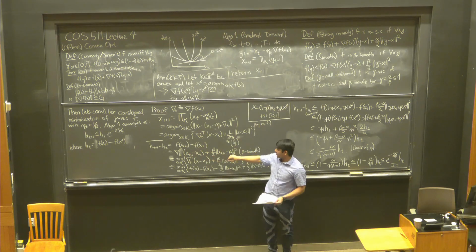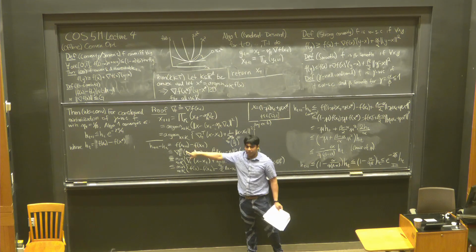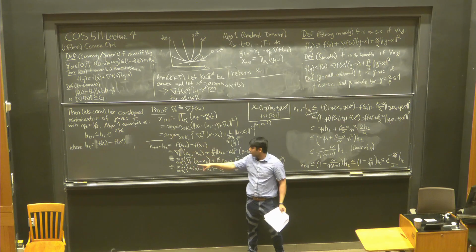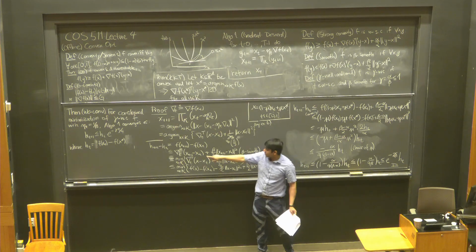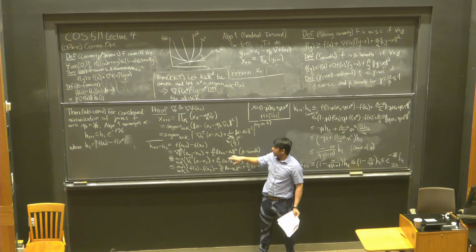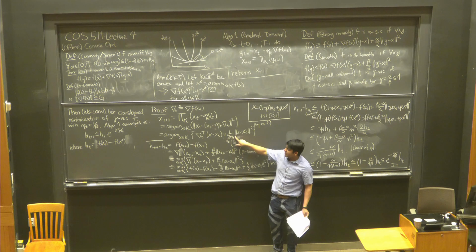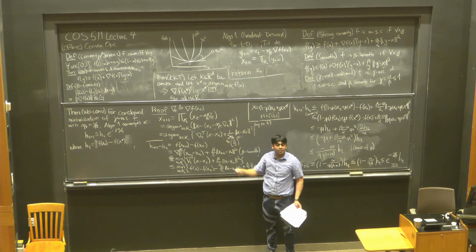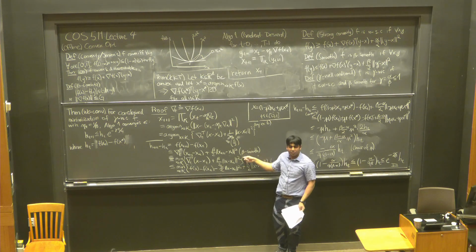Then we applied this beta smooth convexity to compare the difference in function values to the gradient. Then we had noticed that this gradient plus beta over 2 function, by our choice of step size, is exactly the same thing that x_{t+1} minimizes. x_{t+1} was perfectly chosen to minimize this beta smooth objective.